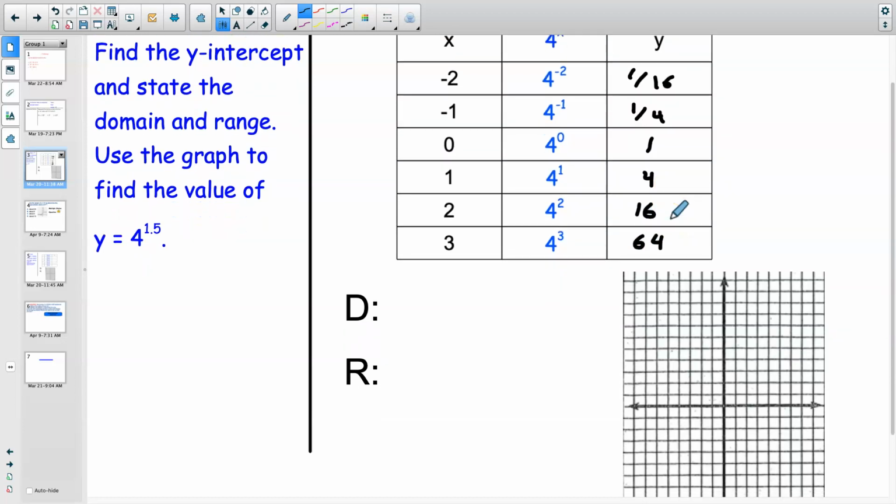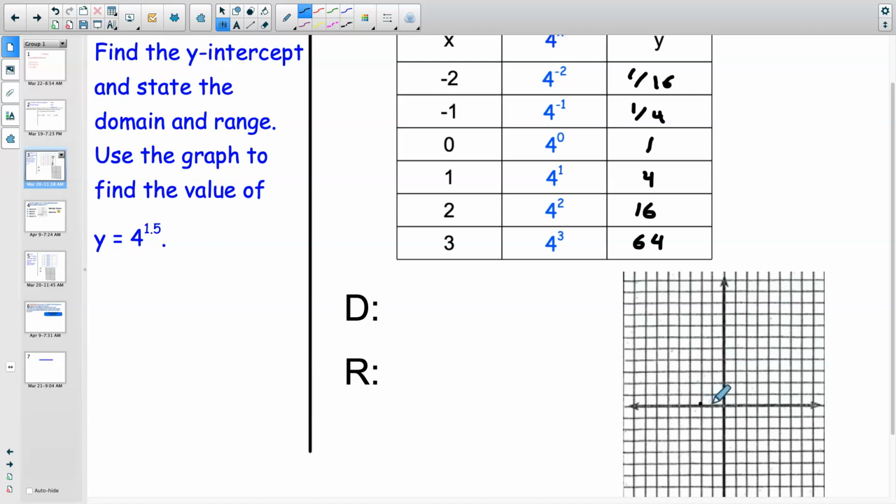So we have x being -2 and 1/16. Obviously that's going to be very small, very close to just the axis, and it's going to have to be a little bit approximate as well.